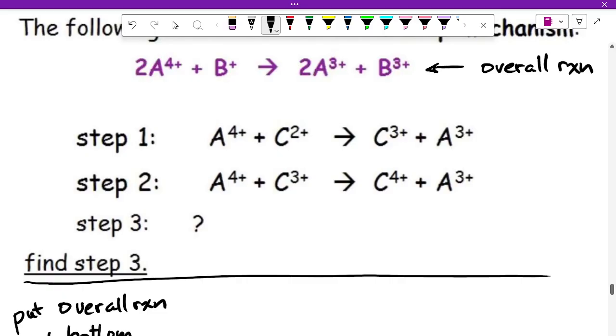And I like to line up my arrows so that my reactants are obviously on one side and my products are obviously on another side. So my step 3 is going to have my arrow there. There's my overall reaction.